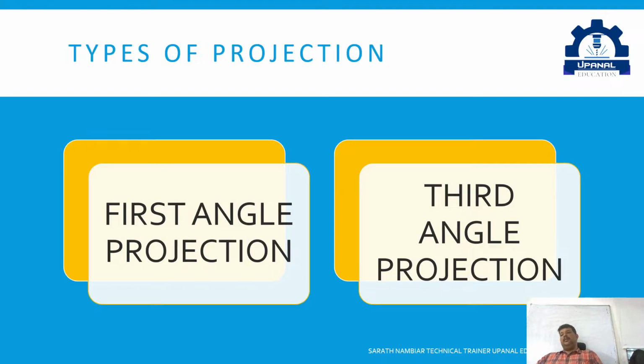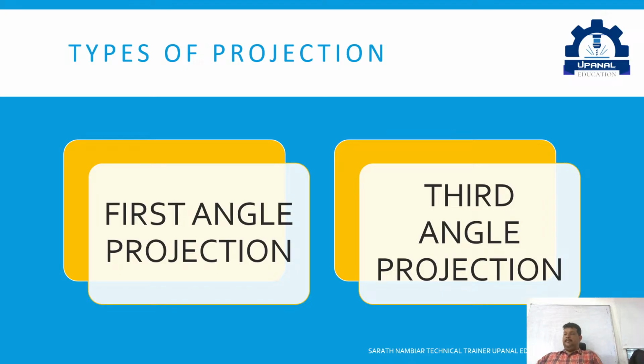Now, there are two main ways of arranging these views: the first angle projection and the third angle projection. Nothing to worry about these names, most of you may already know them. You need not go into deep theory or memorize definitions, just focus on one important point. These two methods arrange the views differently on paper.